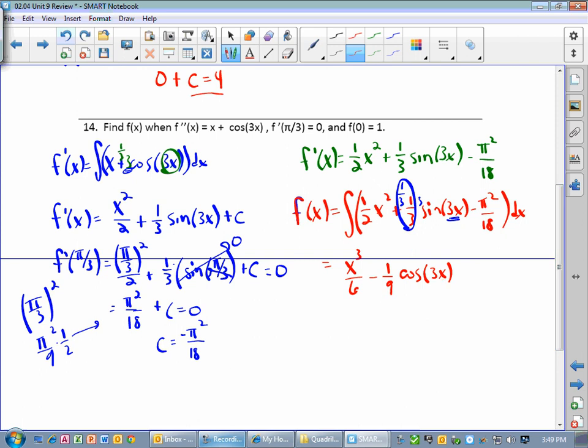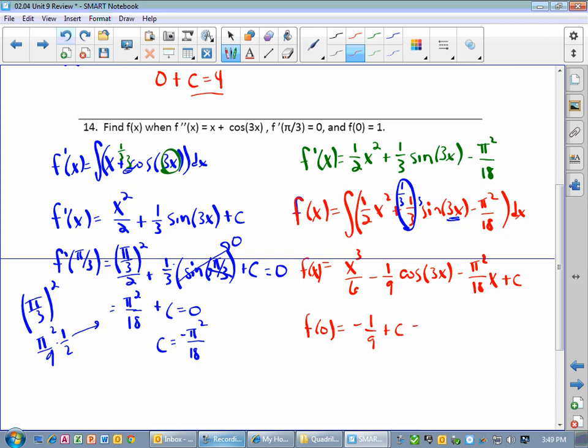Okay. And then minus pi squared over 18 x plus c. Now this is again f of x. Now we're told f of 0, which notice f of 0, we'd have 0 over 6 minus 1/9 times cosine of 0, which would give us negative 1/9 times 1 minus, well, pi squared over 18 times 0 is just 0.